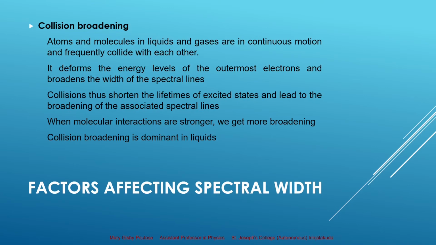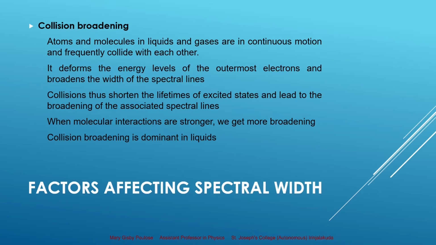These collisions affect the outermost electrons of these atoms or molecules. So the outermost valence electrons will be excited to higher energy levels, and after their lifetime they will de-excite to their lower energy levels. In this excitation and de-excitation, they will emit radiation. It is usually in the visible region or in the ultraviolet region.